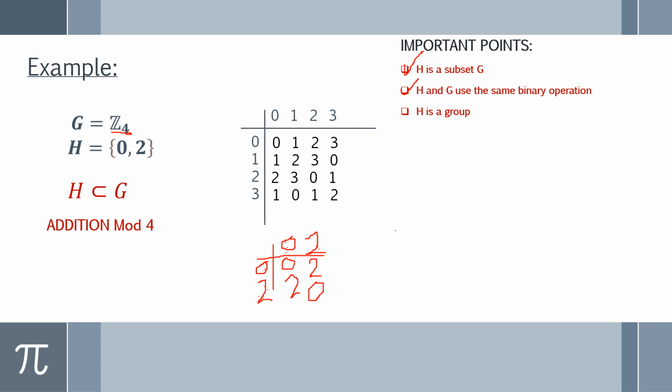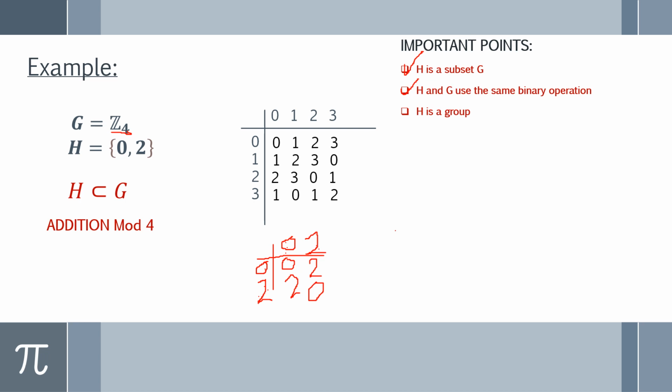And last is whether H is a group. To verify this, as we can see, it is addition mod 4. Let's make a group table. This is already the table of H, and based on the table we can also see closure here, and we have associativity.